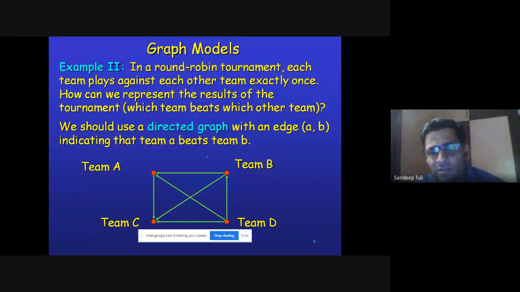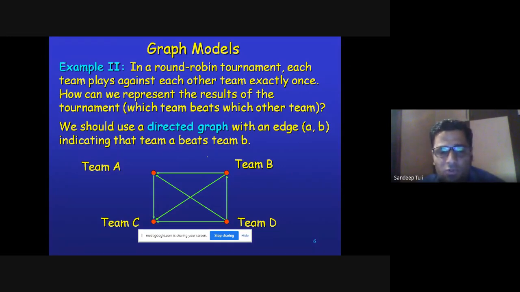So this kind of situation can be represented using a directed graph. Here an edge from A to C means A beating C. A is the winner of the game between A and C. But if I'm going to predict the result of team A and B, who is the winner? That was B. Similarly, in A and D, A was the winner.